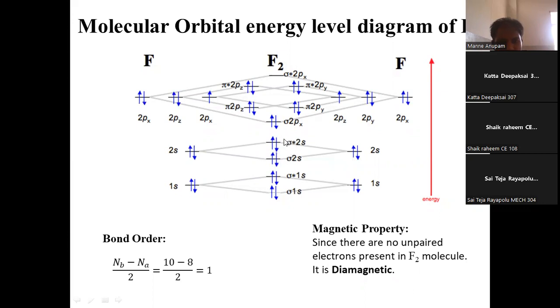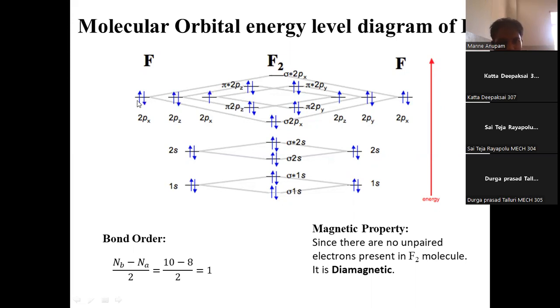Then 2p atomic orbitals combine and form 2p molecular orbitals: sigma 2p, pi 2p, pi 2p, pi star 2p, pi star 2p, sigma star 2p. These are bonding, these are anti-bonding.